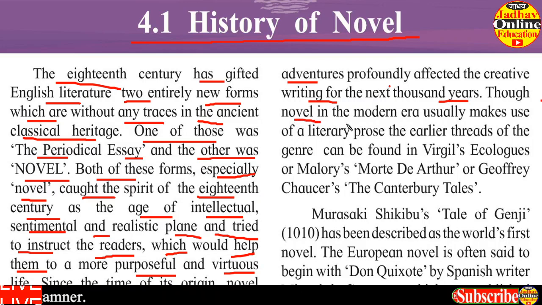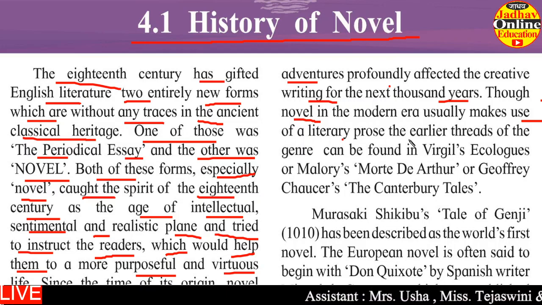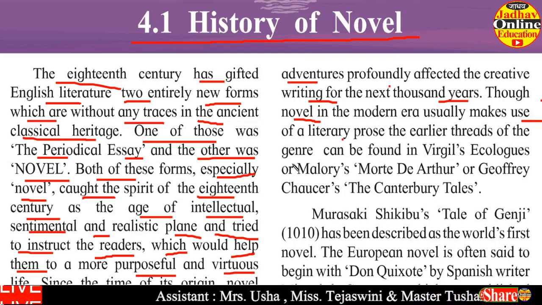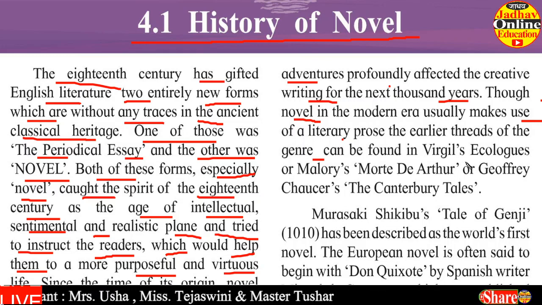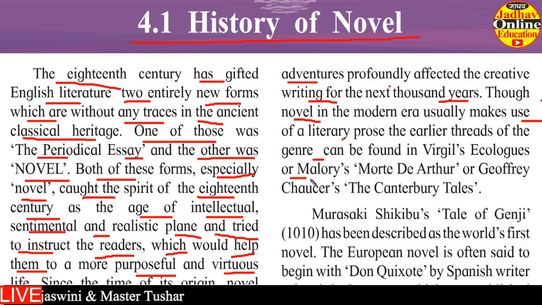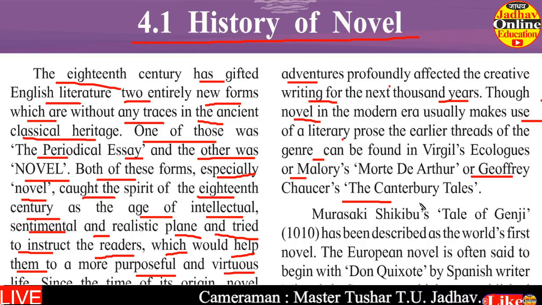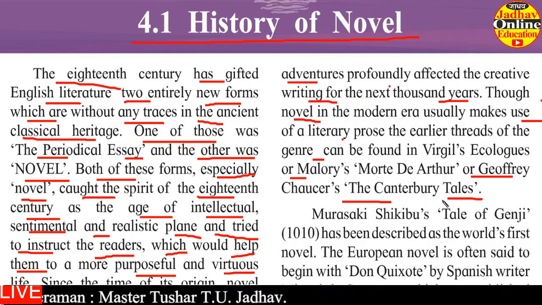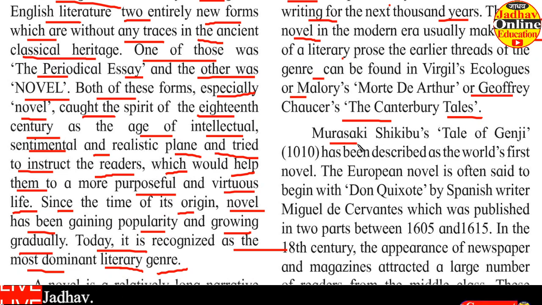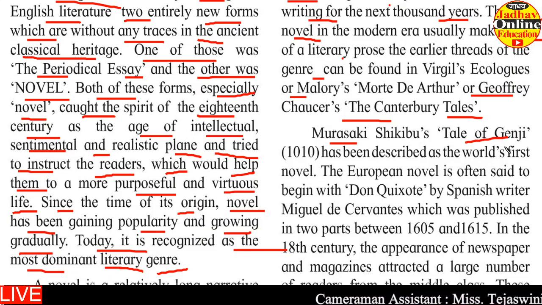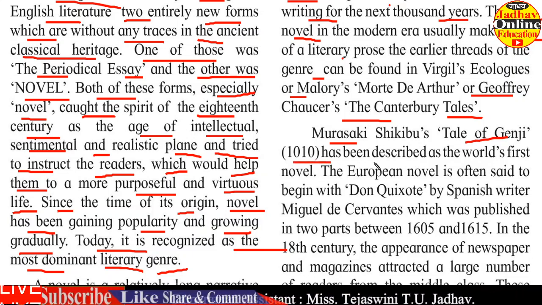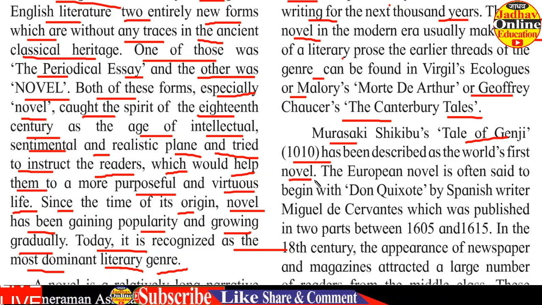Though the novel in the modern era usually makes use of literary prose, the earlier threads of the genre can be found in Virgil's Eclogues, Malory's Morte d'Arthur or Geoffrey Chaucer's The Canterbury Tales. Murasaki Shikibu's Tale of Genji has been described as the world's first novel.